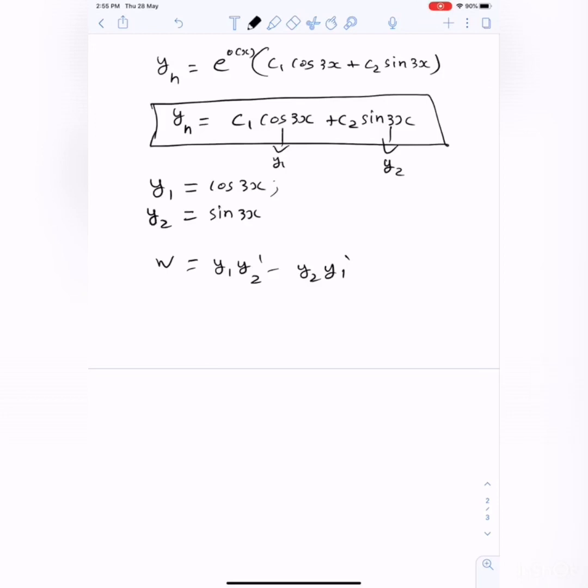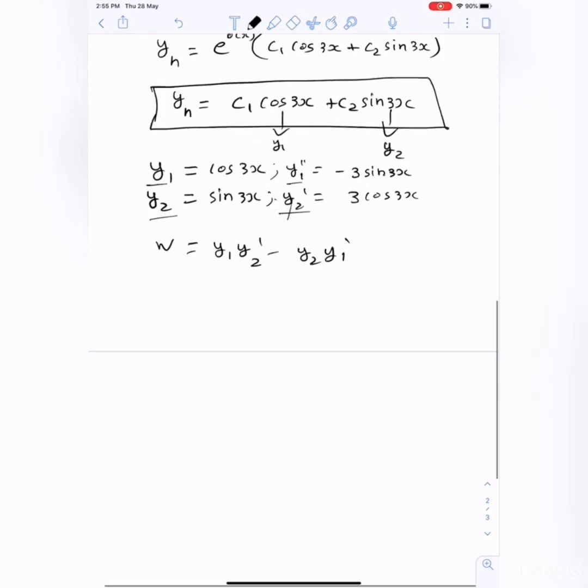Let's find y1 dash and y2 dash. y1 dash would be minus 3 sin of 3x. By dash I mean the derivative with respect to x. So y2 dash would be 3 times cos of 3x. So we'll use these 4 values and substitute to find the Wronskian.